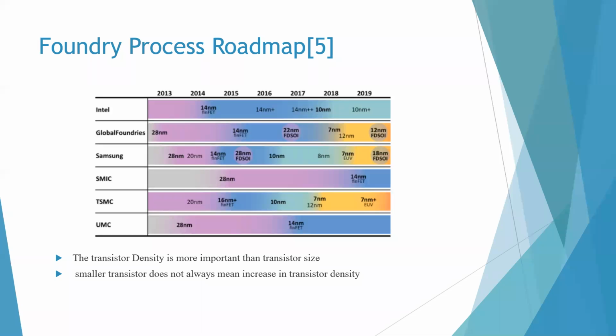So if we compare the different technology nodes given by different foundry processes, we can see Intel, Global Foundries, Samsung, TSMC, etc. Intel gave its 14-nanometer FinFET between 2014 and 15, and if we come to 2019 and the recent years, we can see that Intel is still at its 10-nanometer technology, while TSMC has reached 7-nanometer technology, and Global Foundries also reached 7-nanometer technology in 2018, but it is also working on its 12-nanometer FDSOI technology.